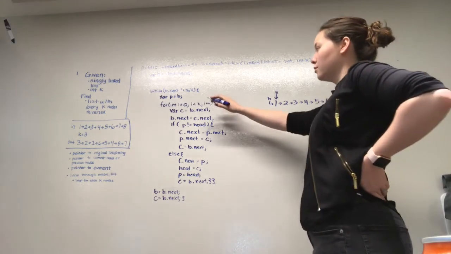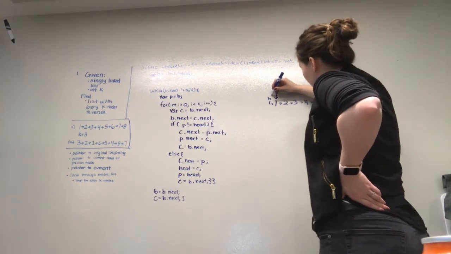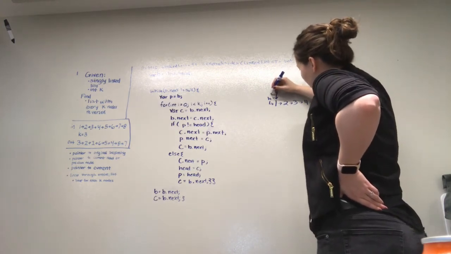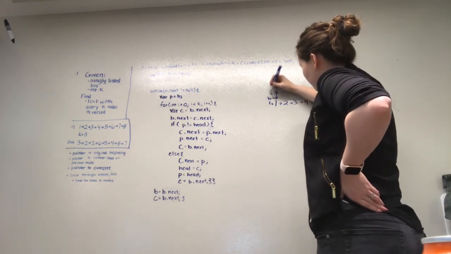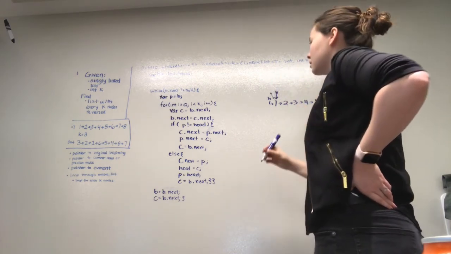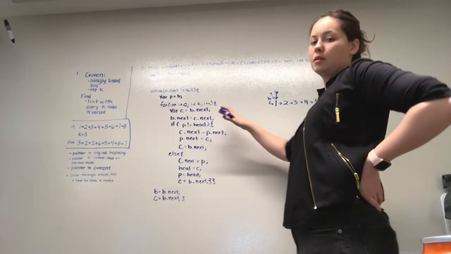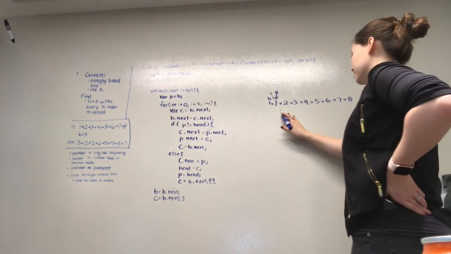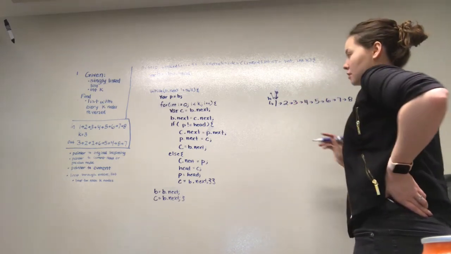Within this, var p is equal to b. So here's p, for previous and beginning. Then we're going to loop through k times and just keep doing that until we reach the end.